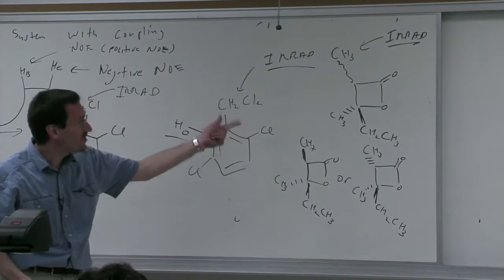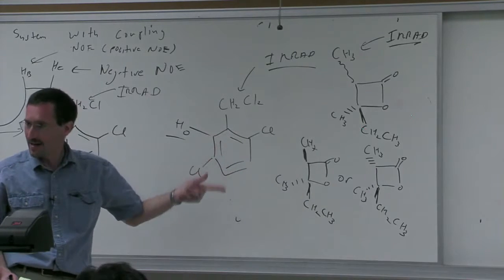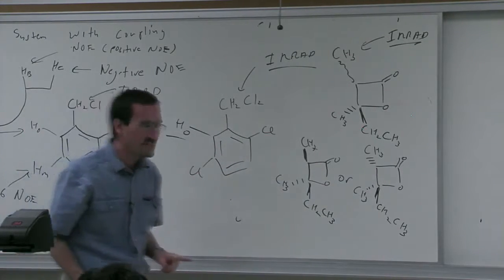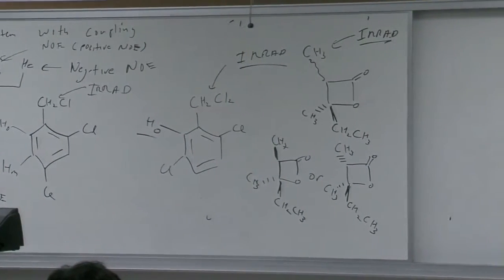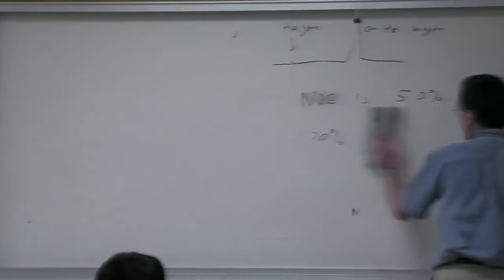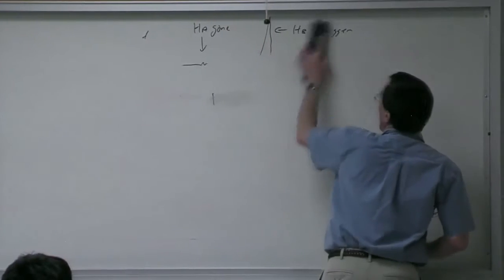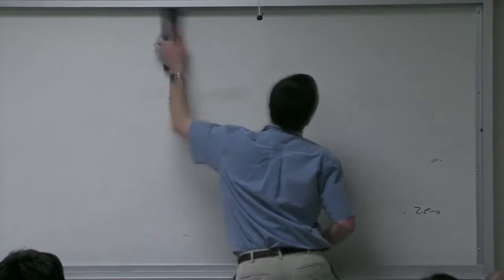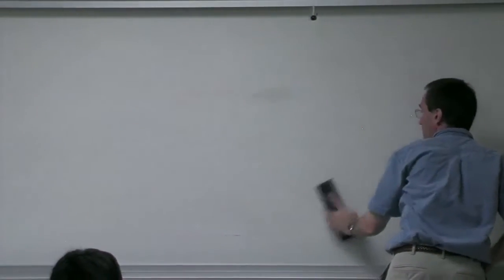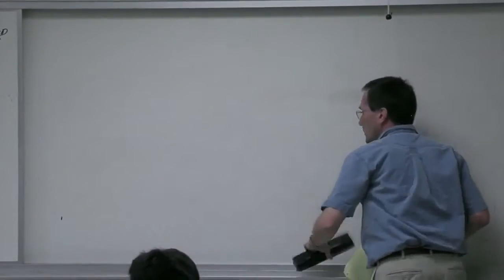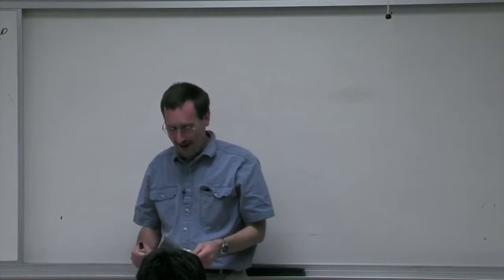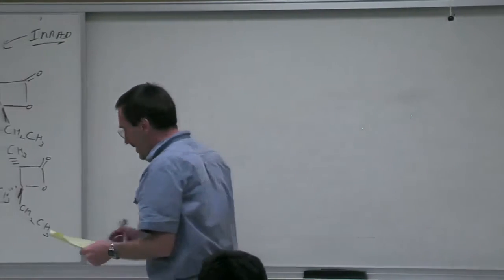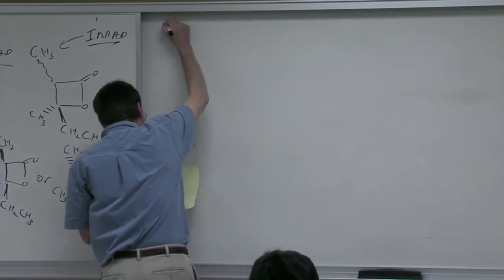Now, I didn't happen to include these in the handout for the class, but I have a very similar example, and I'm going to show you exactly what it means, and then we're going to talk about some distances. And actually, I've been kind of harping on the value of molecular models. Molecular models become really useful when you want to ask questions about distances. All right, so let's take a look at a real example.